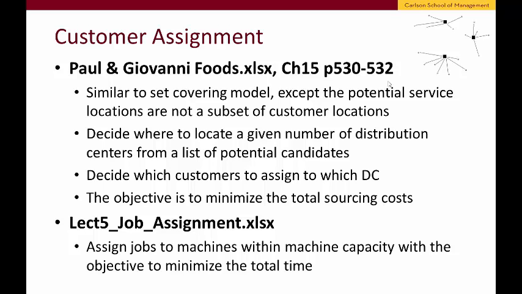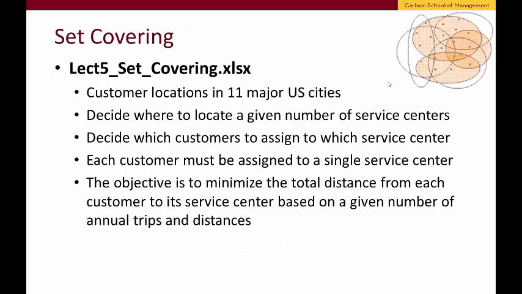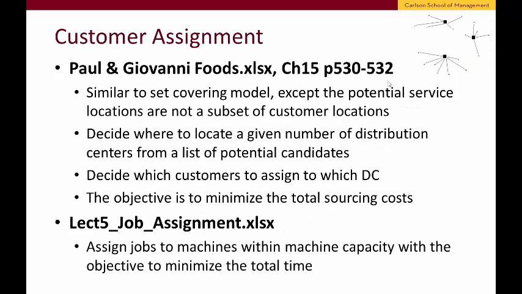Okay, similar to the set covering problem with 11 major cities in lect 5_set_covering, right? This guy here from the previous video. The decision variables are binaries on DC or distribution center locations, as well as customer assignments to selected DC locations. The key constraints are again the fact that each customer assignment row has to be less than or equal to the DC location row.